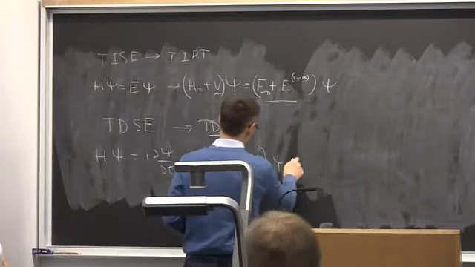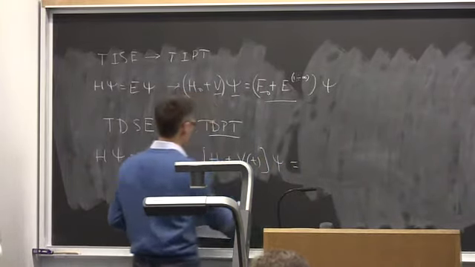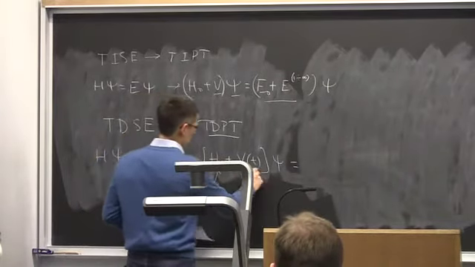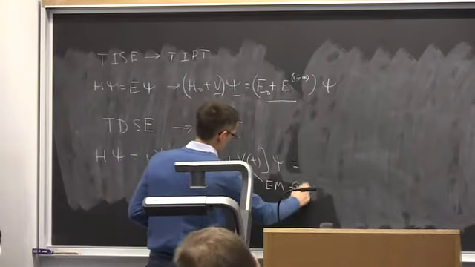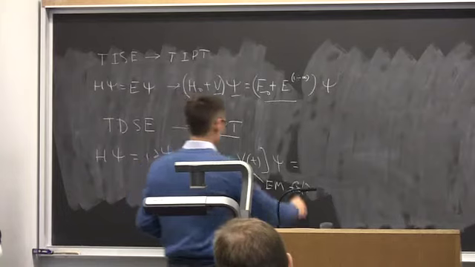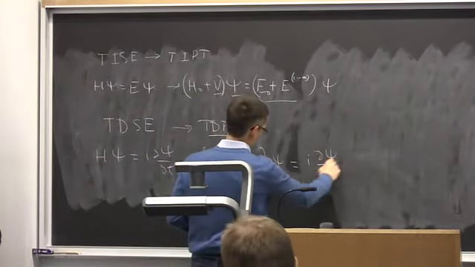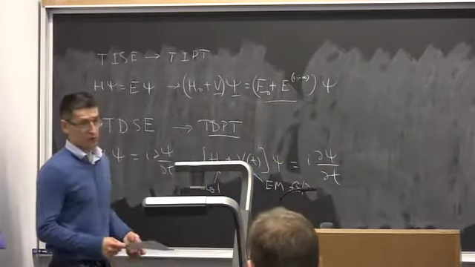The typical example would be that this is a molecular Hamiltonian, and this is an electromagnetic field. So shine the laser on the molecule, and you see what happens with the wave function.